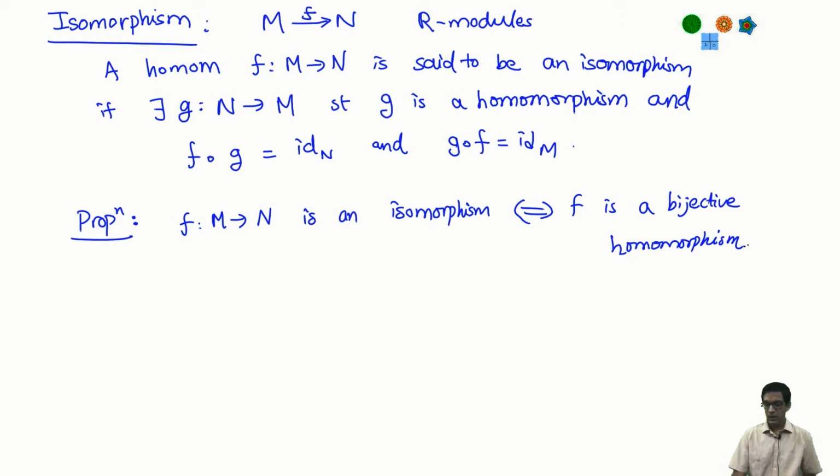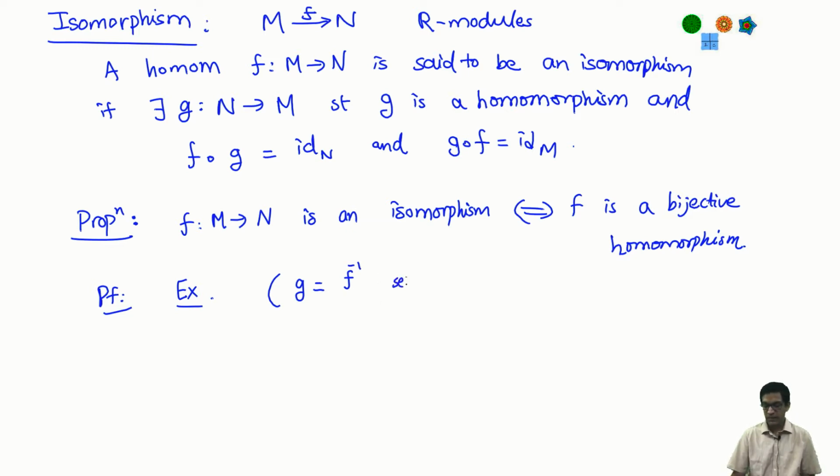If you have these two properties, then that's enough to find a map G. I'm going to leave the checking as an exercise. Why? Because recall, if I have a bijection between any two sets, then I have something called an inverse set map.